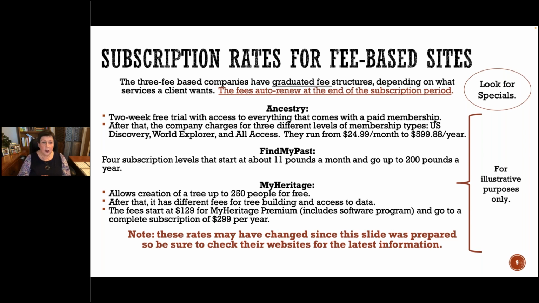Find My Past starts at about 11 pounds a month, goes up to 200 pounds a year. MyHeritage allows you to create a tree up to 250 people for free. After that, it has different fees for tree building and access to data. Its fees start at about $129 a year, and they go up to $299 per year.